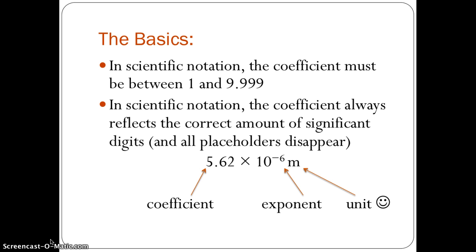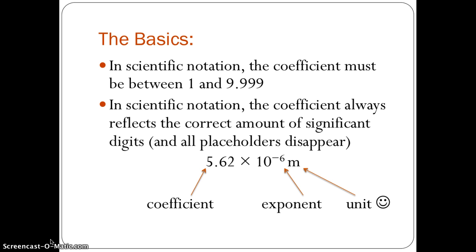One thing you need to remember, though, is that there are specific rules in terms of how to express scientific notation properly. If you look at the coefficient here, 5.62, you'll notice that the coefficient is between 1 and 9.9 repeating. This is always going to be the case. You'd never have a number that's less than 1, and you'd never have a number that's 10 or greater.